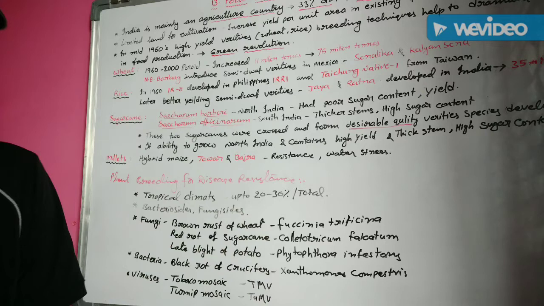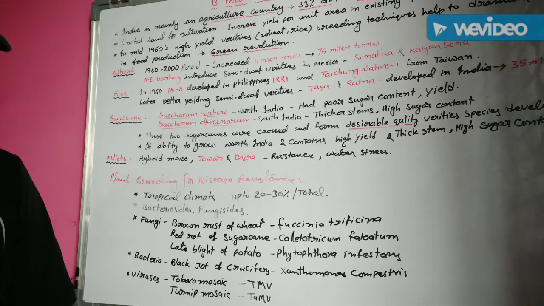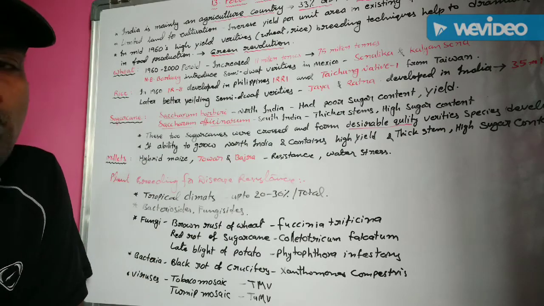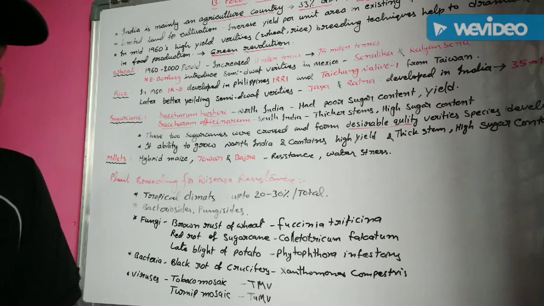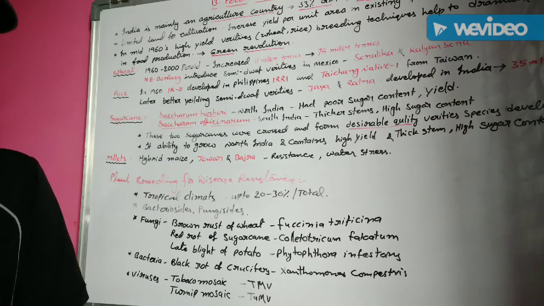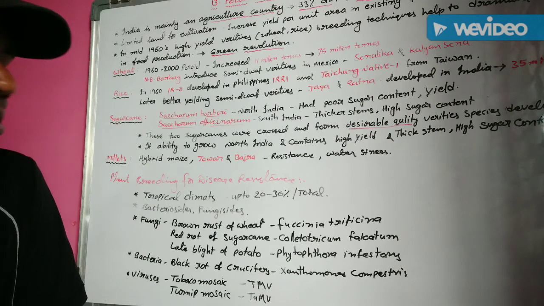It is important to know about the causative organisms and the mode of transmission. This plant breeding is a very, very important process in disease resistance.